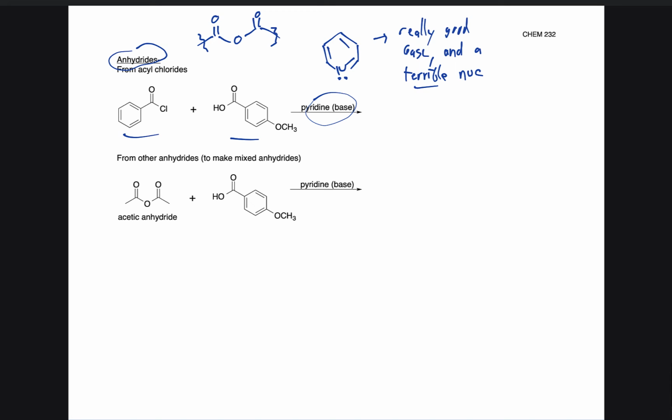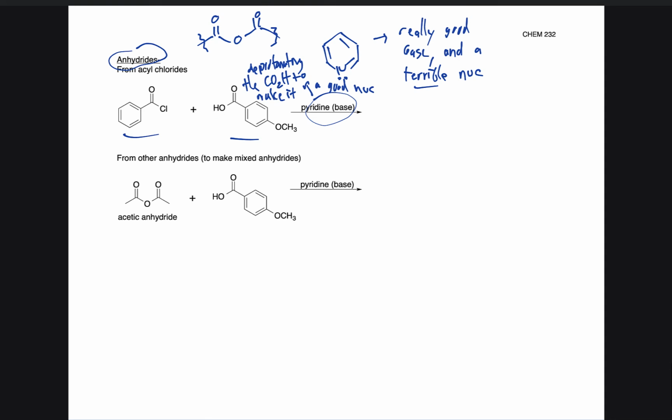So what this does effectively is the pyridine is deprotonating the carboxylic acid to make it a good nucleophile. So that's all that's happening here. The pyridine is reacting with our OH here to make it into O- and make it a good nucleophile.